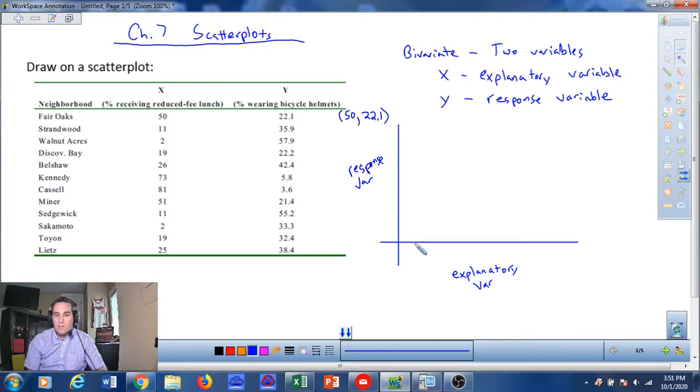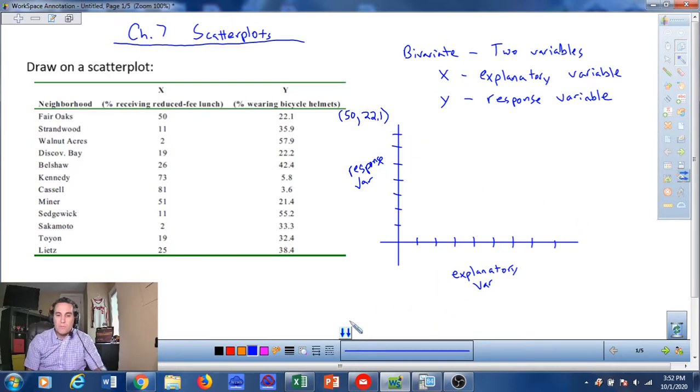We need to make up a scale. Just like we did on box plots and that stuff, we have to make up some kind of scale. We don't just want to put dots on there without making up a scale. So you want to make sure you're labeling your axes and you have a scale.